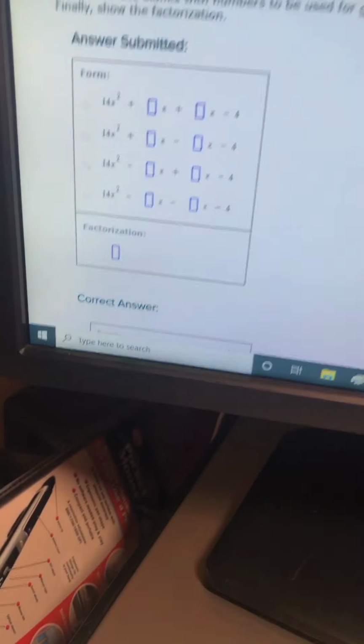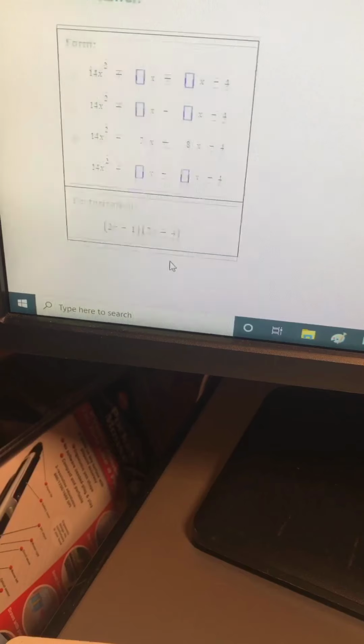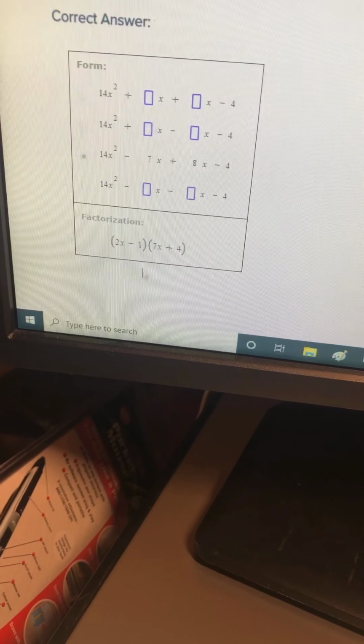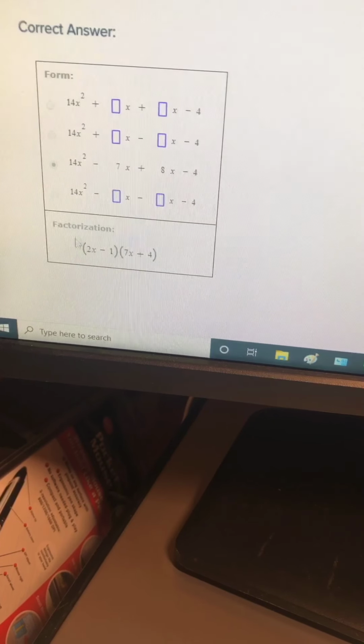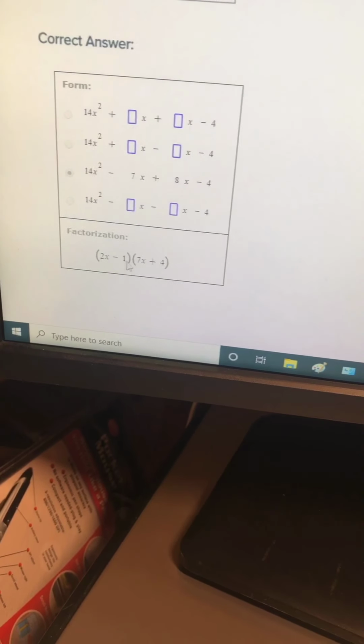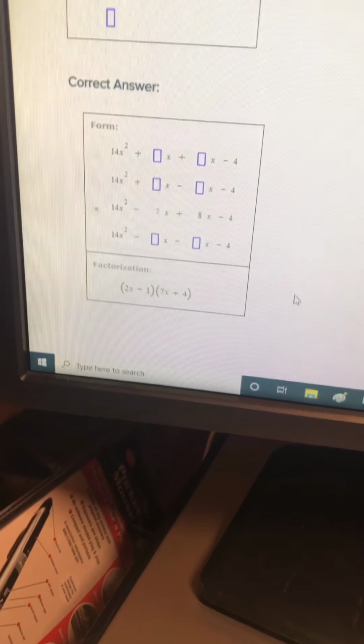Okay. And you can group it either way, honestly. Your final answer should still be the same. 2x minus 1 and 7x plus 4, or vice versa, like I wrote it, 7x plus 4 times 2x minus 1. Doesn't matter as long as you have the same information in each set of parentheses.